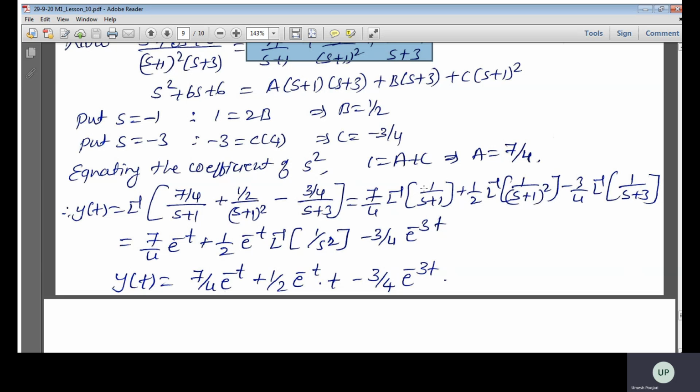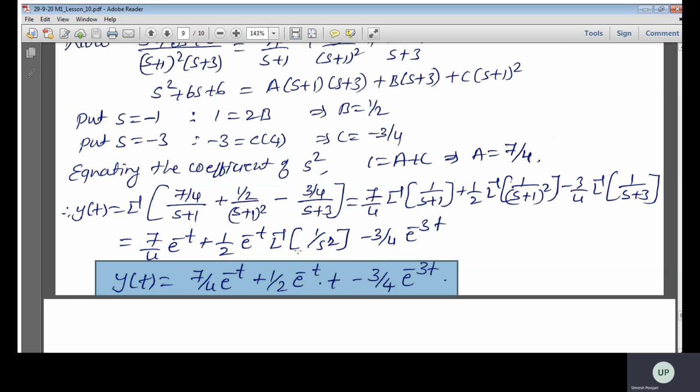So you can write L inverse of 1 by (s + 1) as e raised to minus t, and the third term as e raised to minus 3t. For the second term we use the completing the square method. How will you convert s + 1 to s? By multiplying by e raised to minus t into L inverse of 1 by s². L inverse of 1 by s² is t. So our final answer is 7 by 4 e raised to minus t plus 1 by 2 e raised to minus t into t minus 3 by 4 into e raised to minus 3t. So this is the final answer.